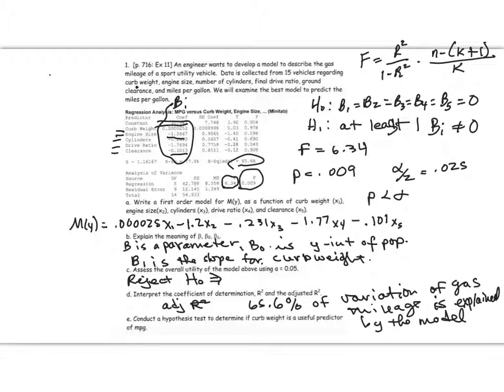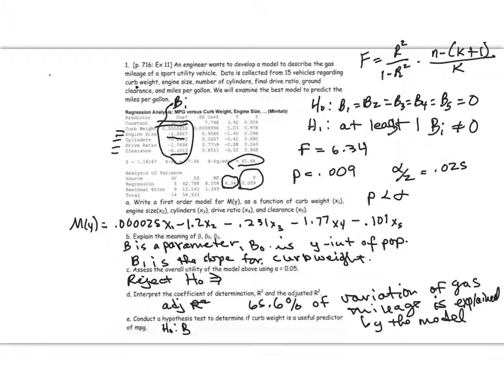So let's look at the last part here. Conduct a hypothesis test to determine if curb weight is a useful predictor. So that hypothesis test on the individual variable of curb weight would be that beta, which one is that for us?